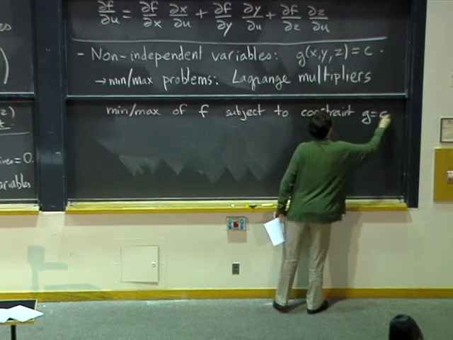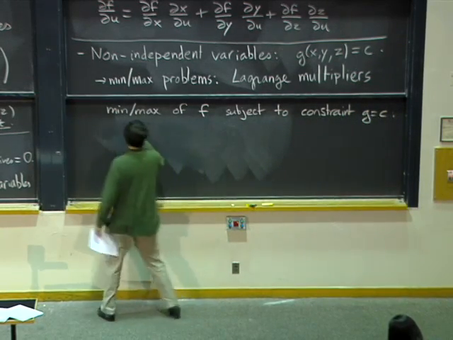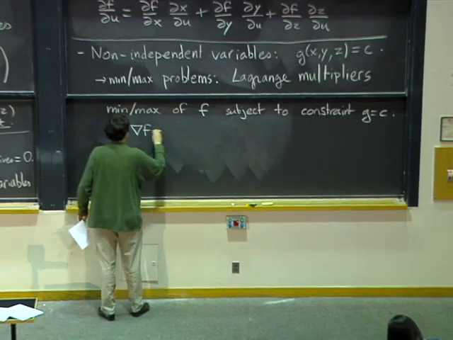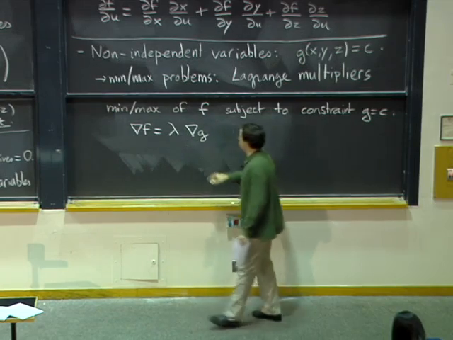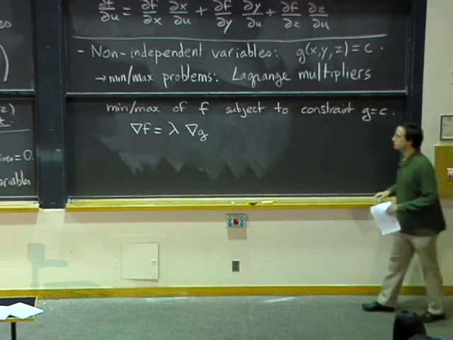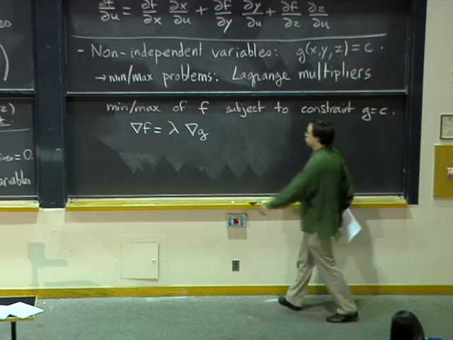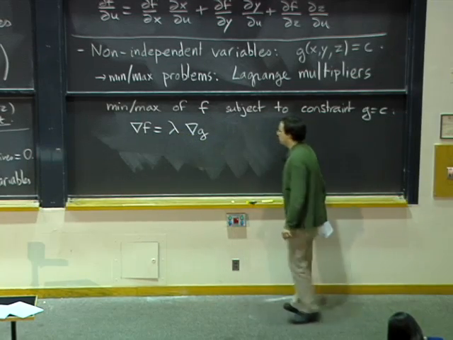g equals constant, well, we write down equations that say that the gradient of f is actually proportional to the gradient of g. So there's a new variable here, lambda, the multiplier.